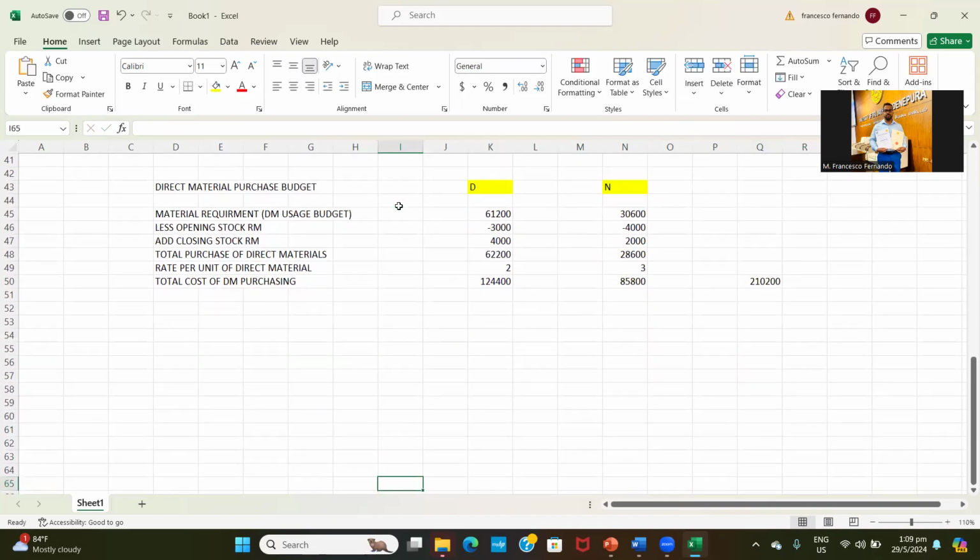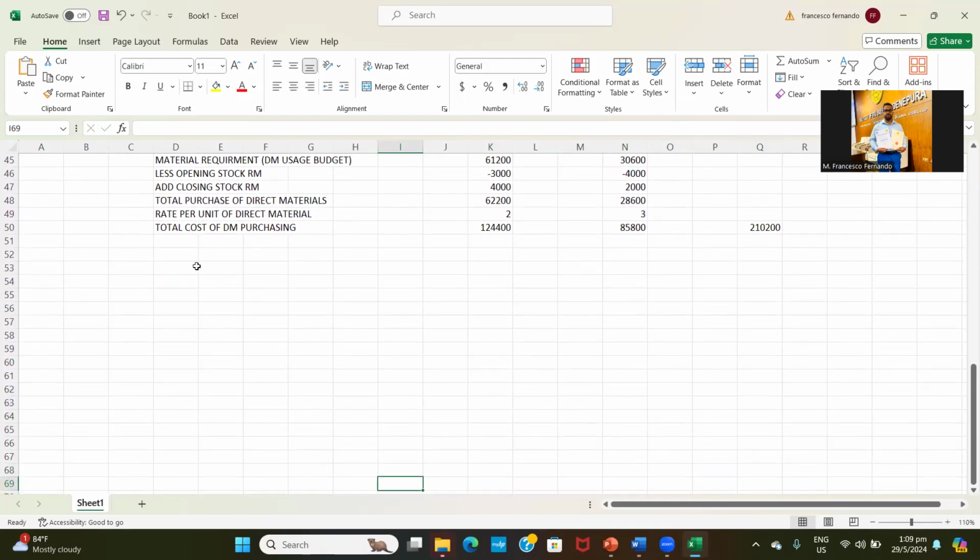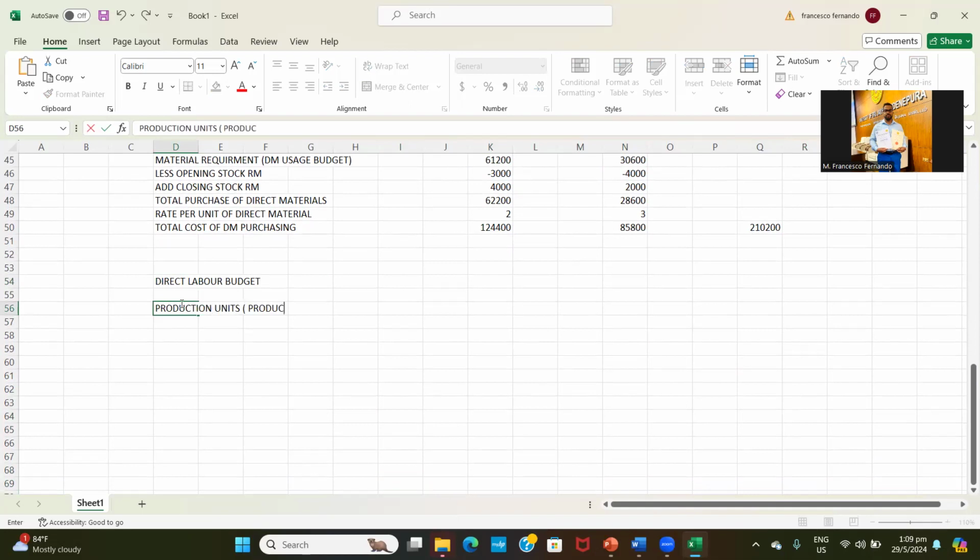Then if we move to the direct labor budget, how to calculate? First, we must take the production units from the production budget. Then the per unit requirement of labor, which is in hours.